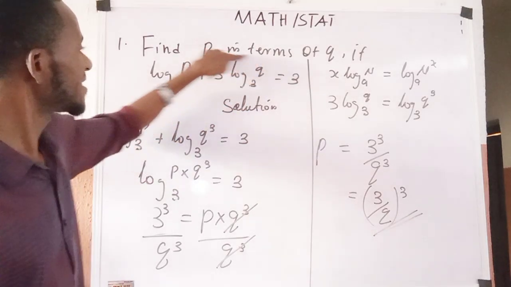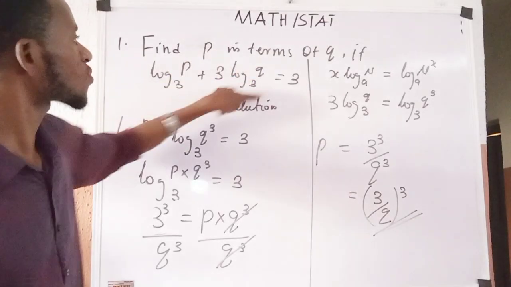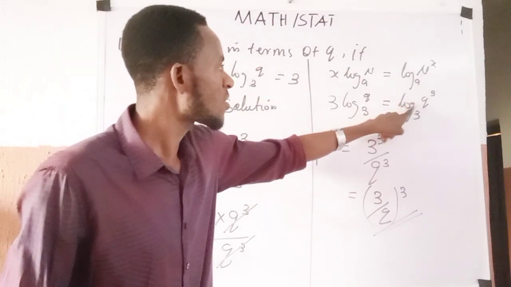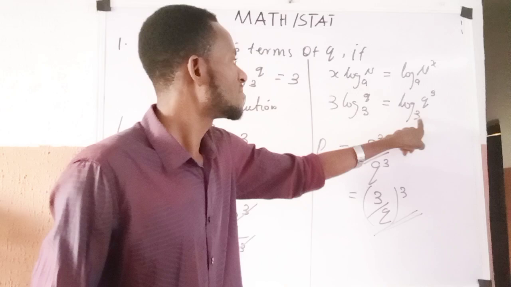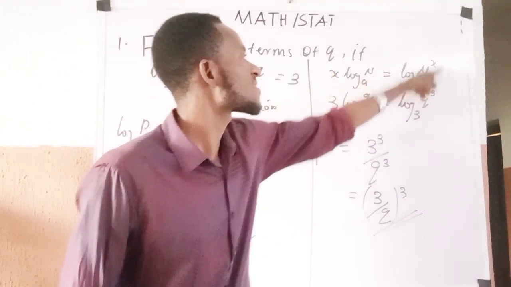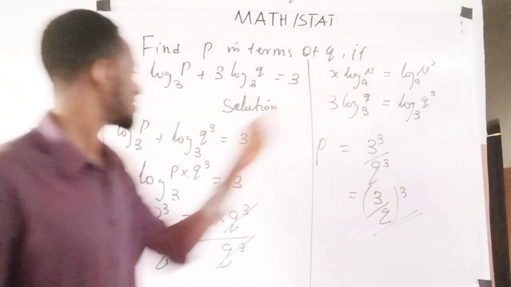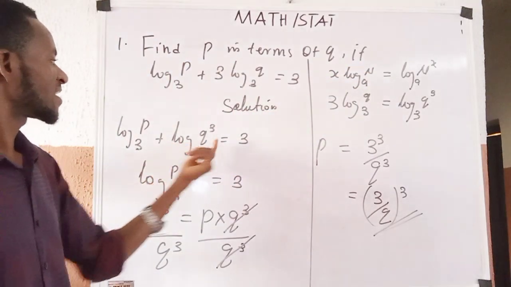But we said in indices or in logarithm, we can write this quantity as log of Q raised to power 3 base 3, following the idea of this, which can be expressed like this in logarithm. So the moment we did that, we came back and replaced it here. This equals 3.